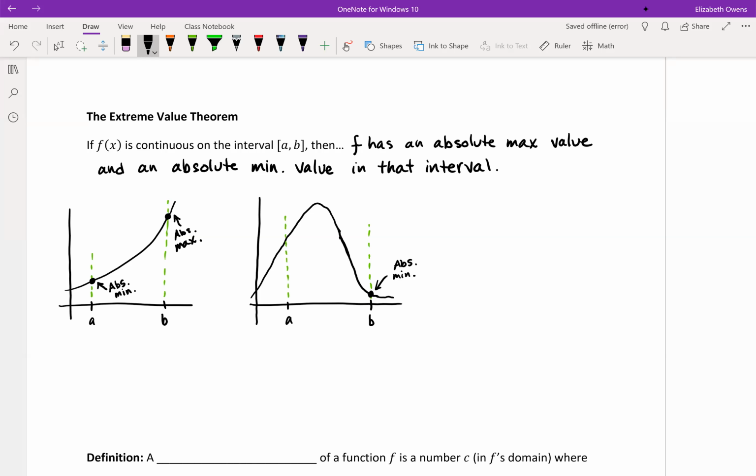That's the smallest y value. And our absolute max now is up at the top of the hill here, right up there. Absolute max value. So that is not at either endpoint. It's somewhere in between. So that's a possibility.